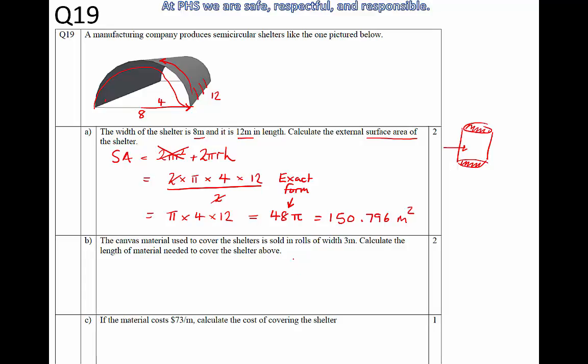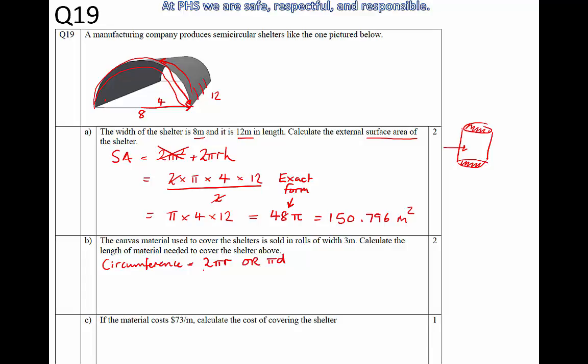To do that, how far is this length? How can we work that out? Well, that's going to be half the circumference. The circumference equals 2 pi r, or pi d. We're going to use this first one.